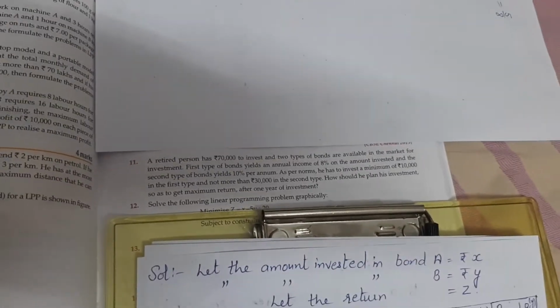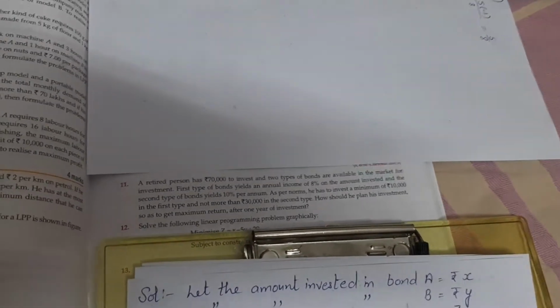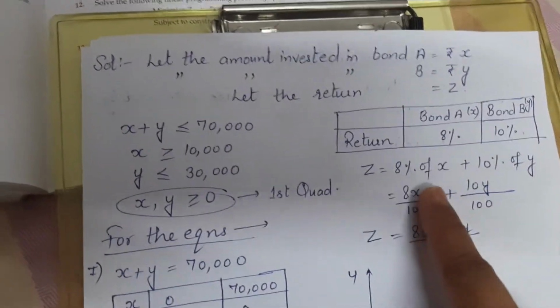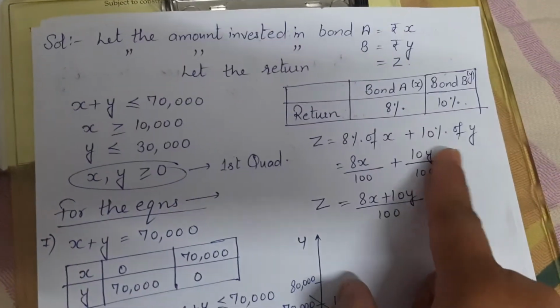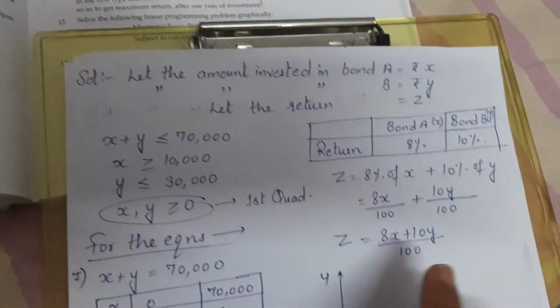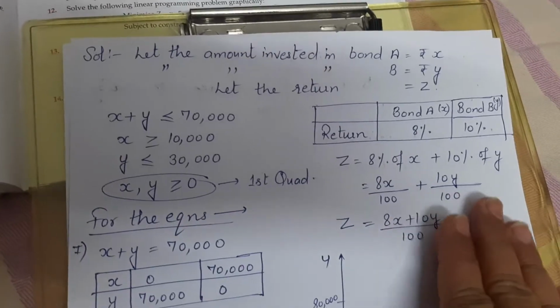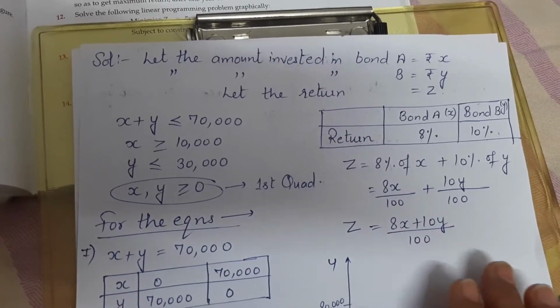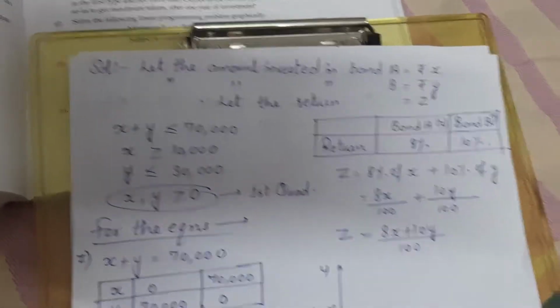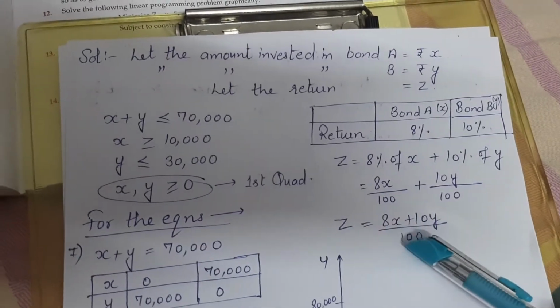So it will give us z. z is equal to 8% of x plus 10% of y. Percent means 8 by 100, 8x by 100 and 10y by 100, which is equal to (8x plus 10y) by 100. Now z is this.